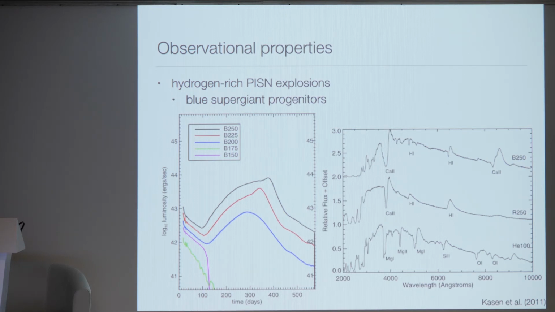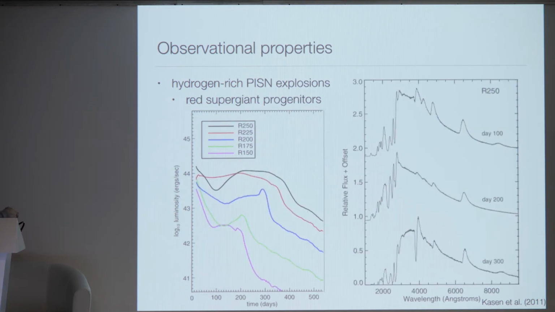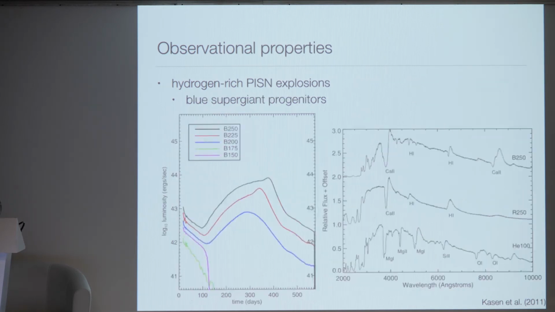So 87A had a relatively compact progenitor, and that may also happen to these pair instability supernova progenitors. And if the star is compact, then the initial expansion will be much less, so initial adiabatic cooling will be very efficient. So we don't have much thermal energy remaining, as we see in the case of an extended progenitor.